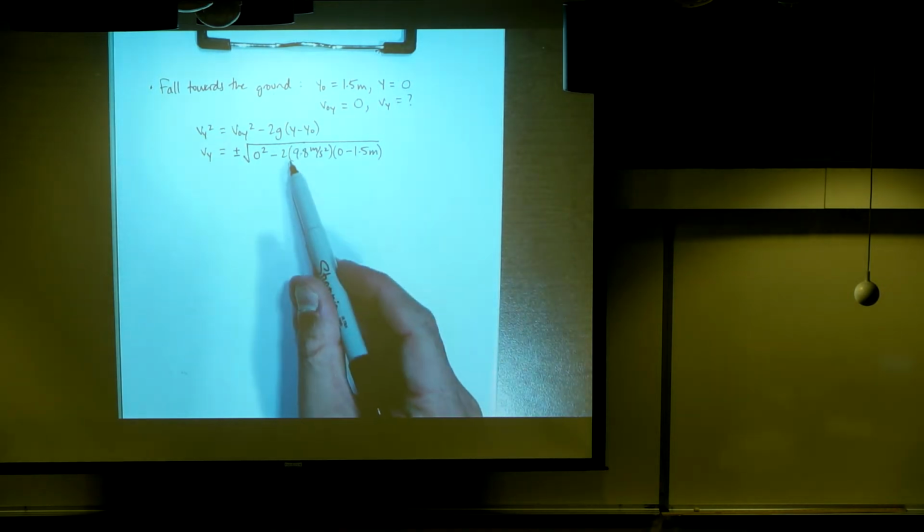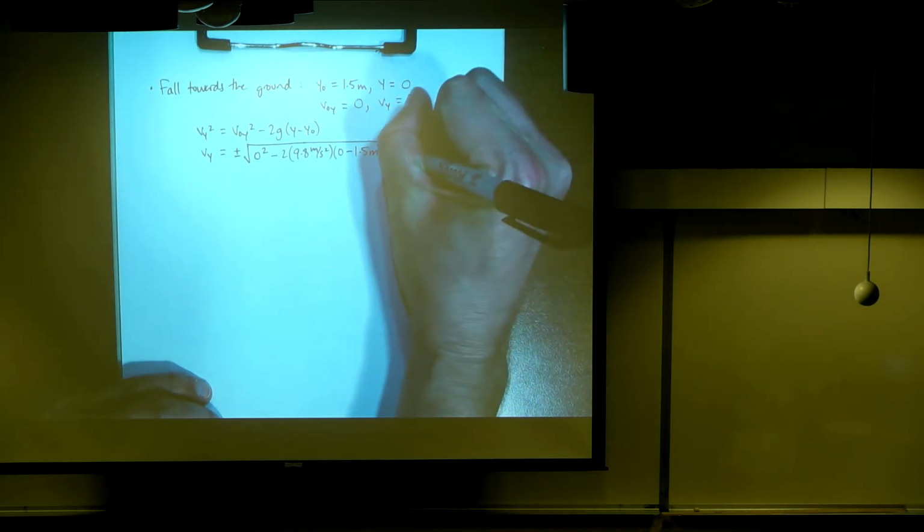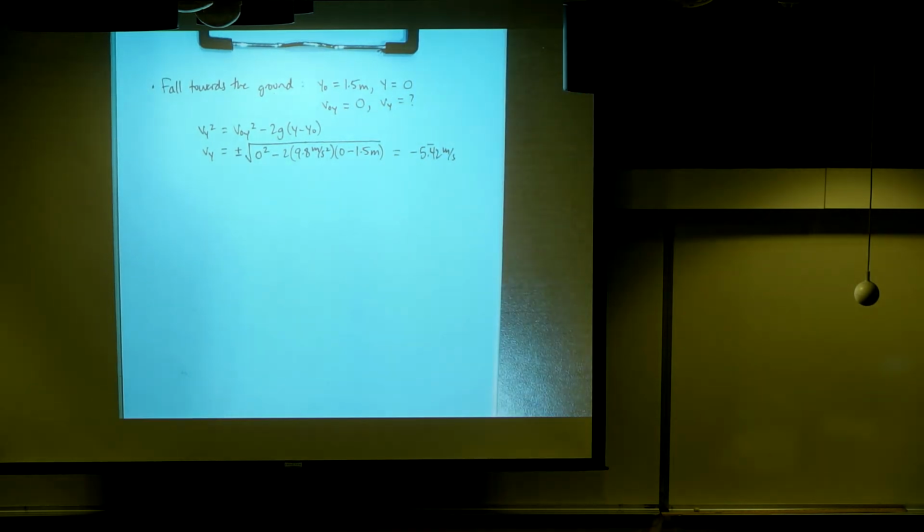Basically the square root of 2 times 9.8 times 1.5. Yeah, so it's minus 5.42 meters per second. And with 2 sig figs.